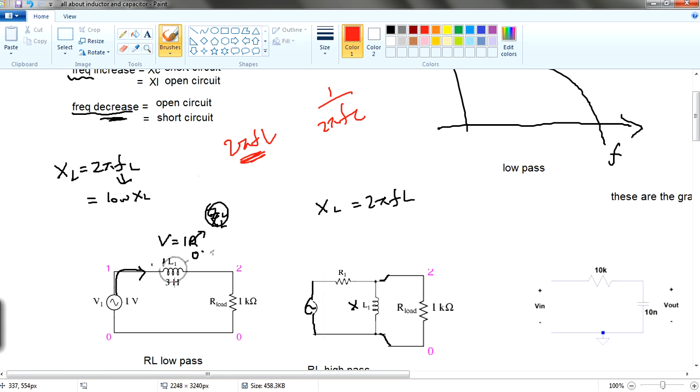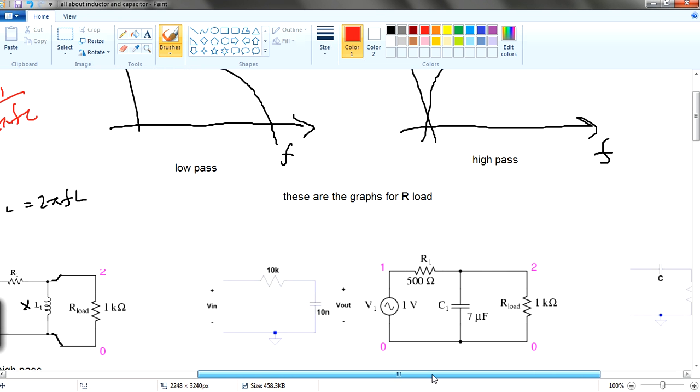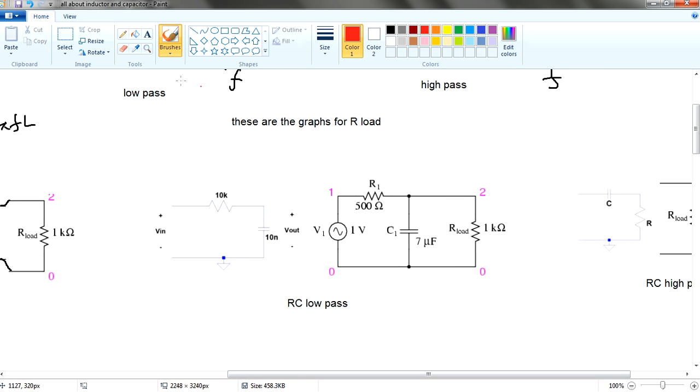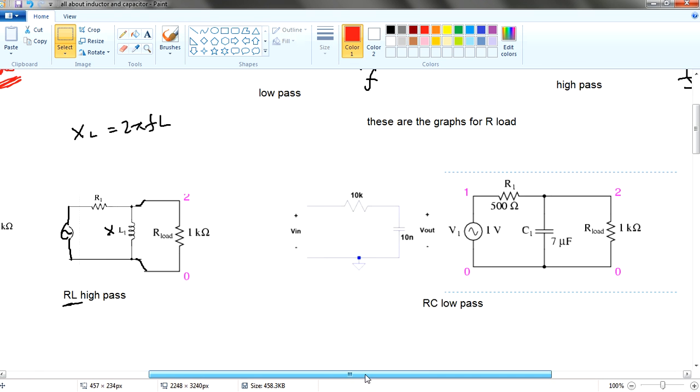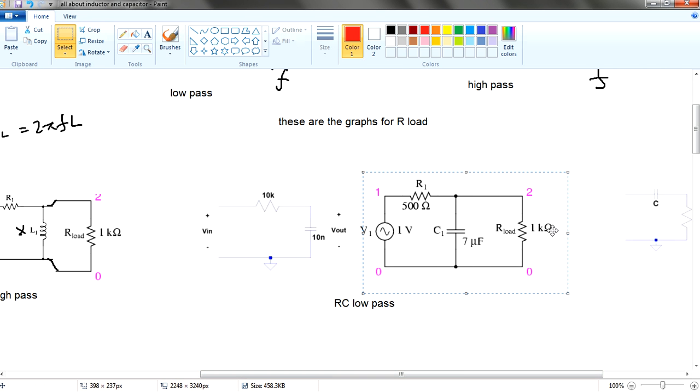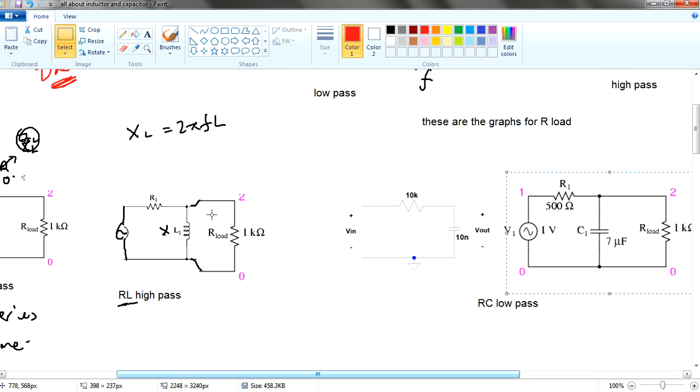RL low pass is connected in series. For the capacitor, for a low pass RC with resistor and capacitor, you're going to have a parallel circuit connected to the R load. For the high pass, you connect the inductor parallel to the R load. For the low pass, you connect the capacitor parallel to the R load. This is a key difference between them.